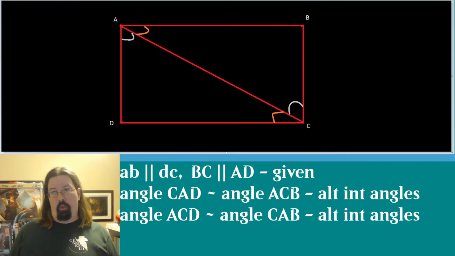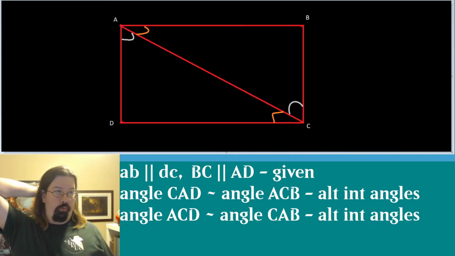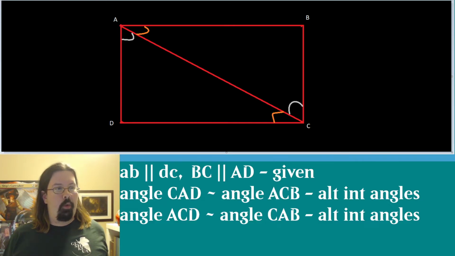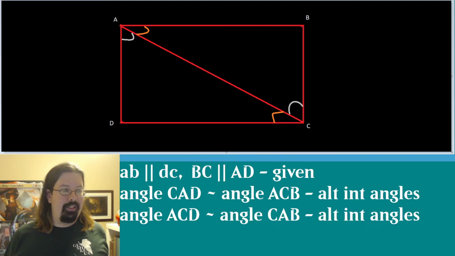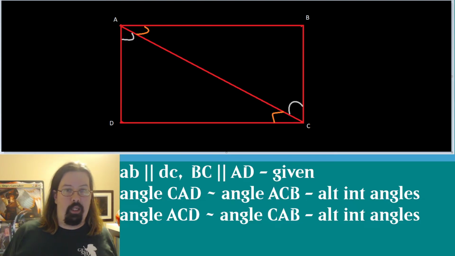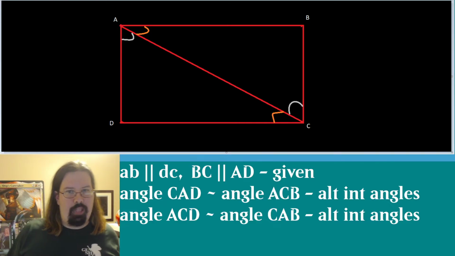That's really important in this particular case, because we want to prove that AB is congruent to DC and BC is congruent to AD. Now, we don't know anything about these other than that they're parallel to each other. They could be any crazy length that we want. Like, we obviously drew it this way.